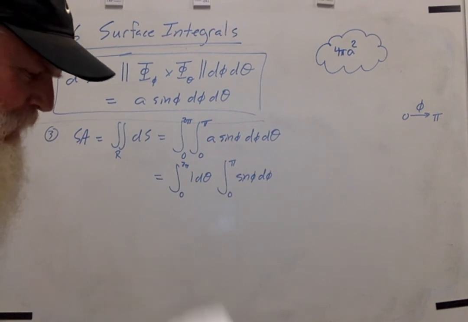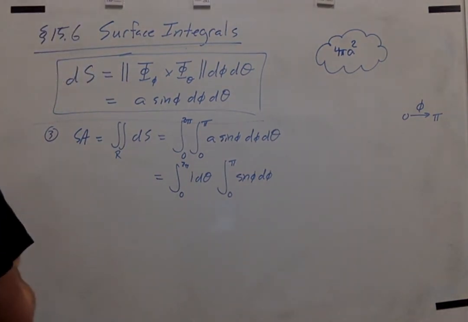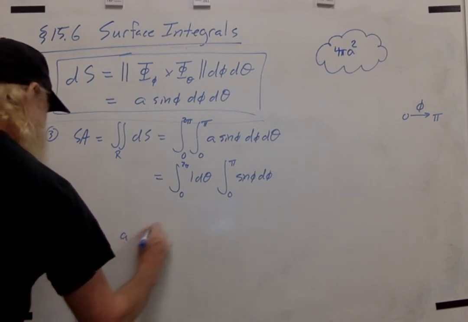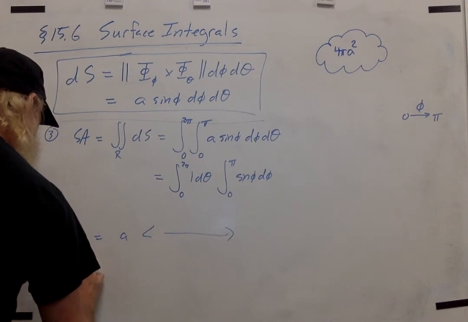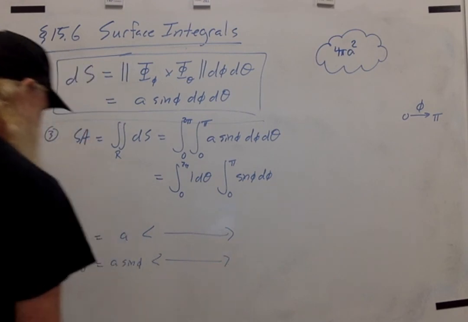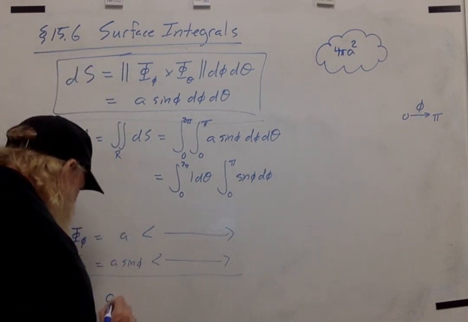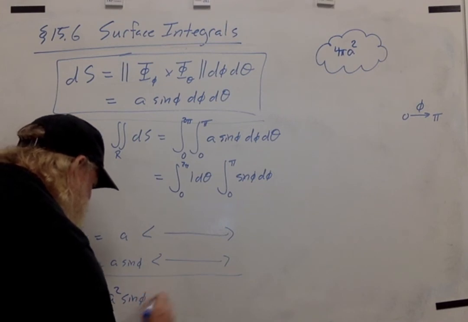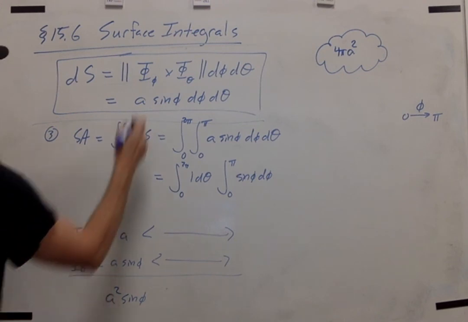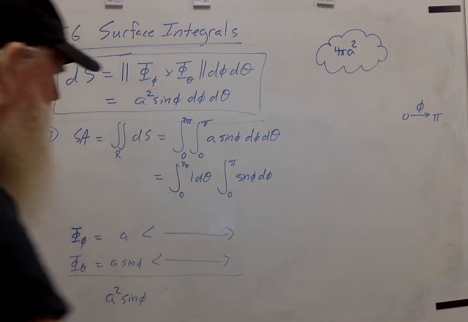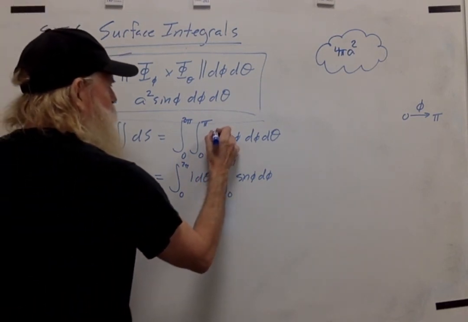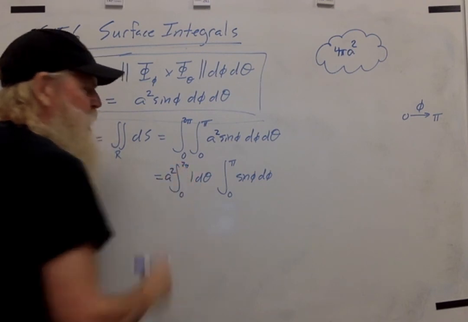So I apologize, I'm not going to remake the video, but I will remind you that I had d phi equals a times a certain vector. d phi d theta was a sine phi times a certain vector. And when I took the cross product, I had an a squared sine phi. And somehow I ended up not recopying that a squared. So this should be an a squared right here. I lost it a couple steps ago. Sorry about that. I'm going to pop that a squared right here, and I'm going to factor out that a squared here.